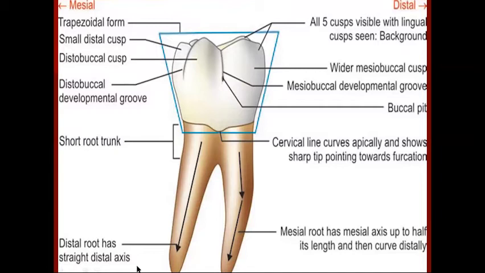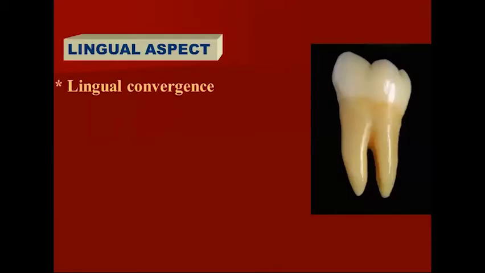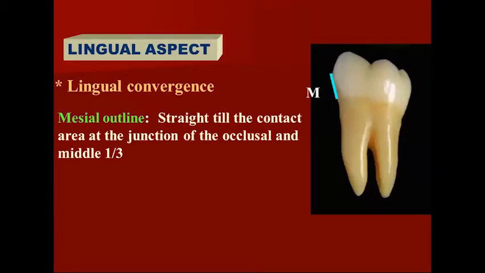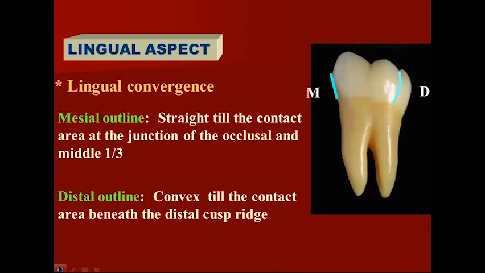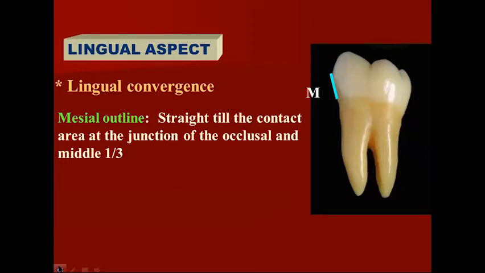Lingual aspect. Lingual convergence. Mesial outline straight till the contact area at the junction of the occlusal and middle one third. Distal outline convex till the contact area beneath the distal cusp ridge.